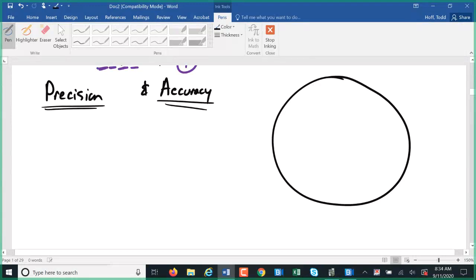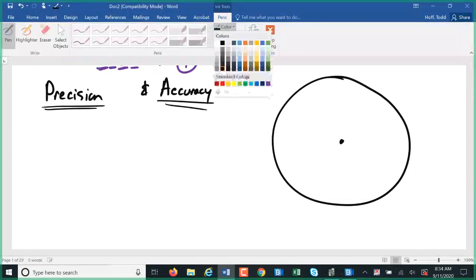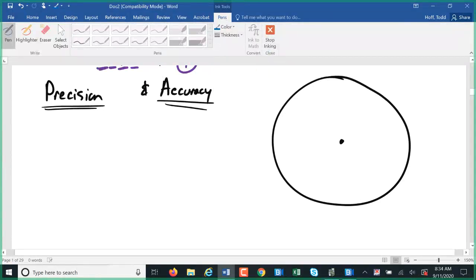Let's think about a target here for a while. If that's the center of my target, if I have 8 holes spaced in blue there, I'm going to do another 8 holes in green.